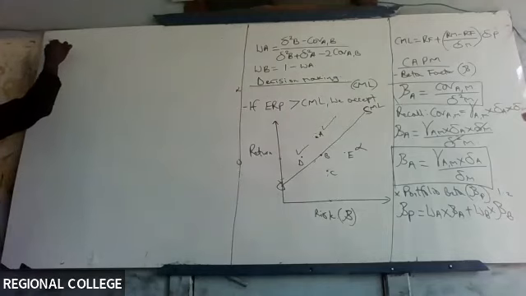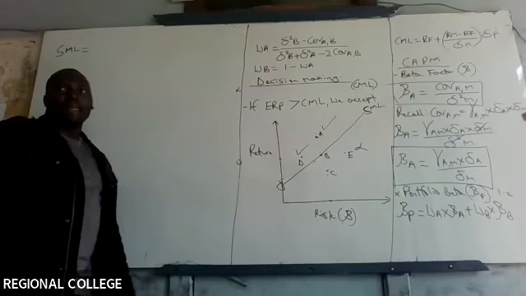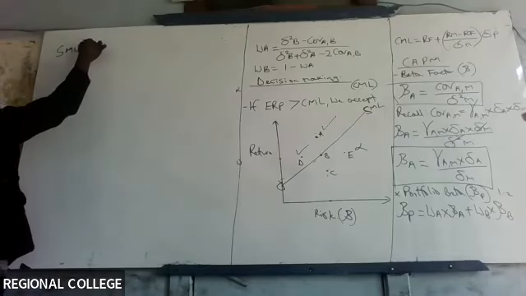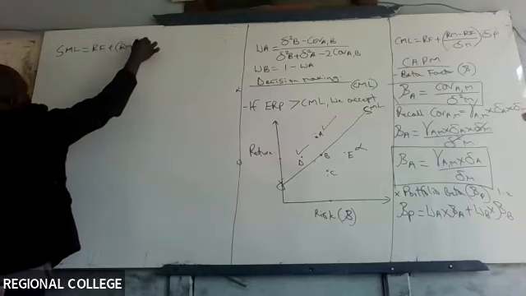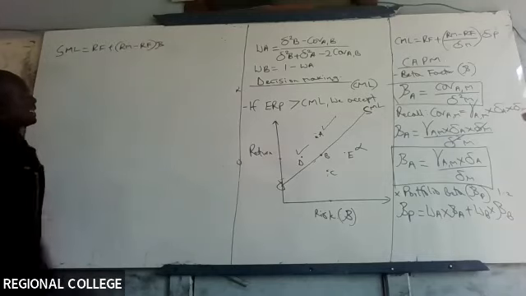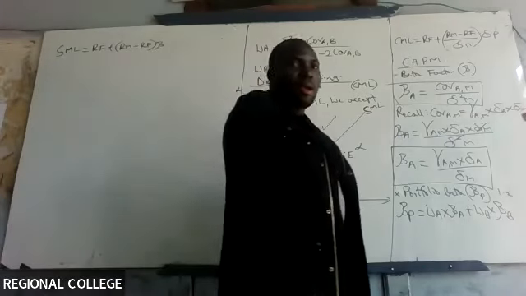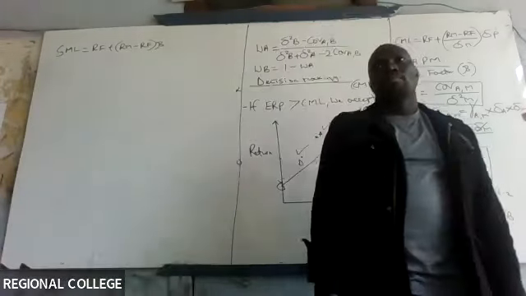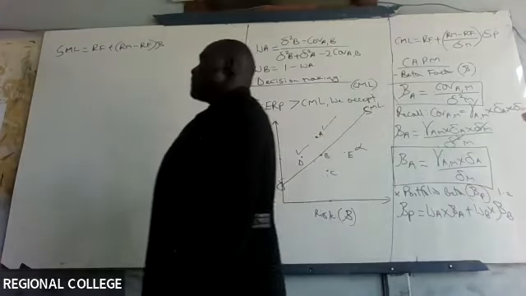Just say that the SML equation is RF plus (Rm minus RF) times beta.